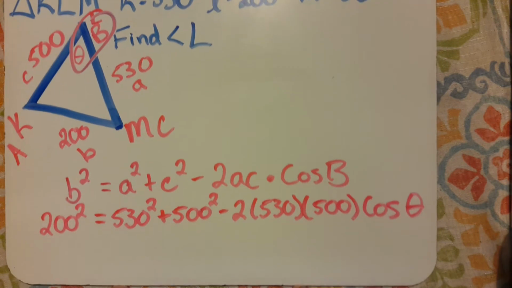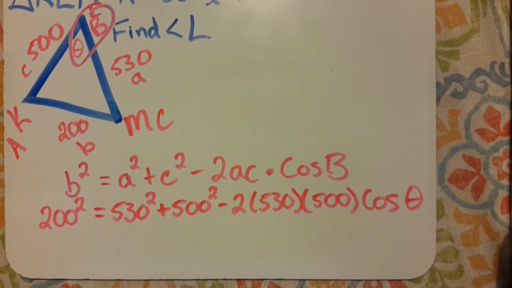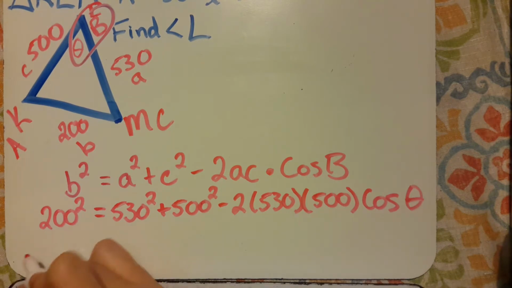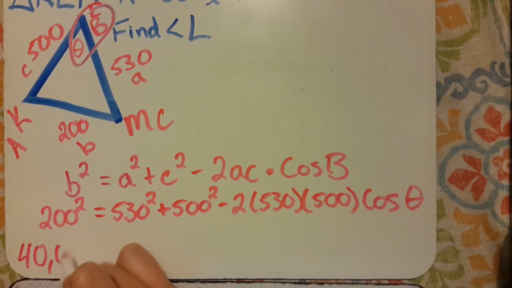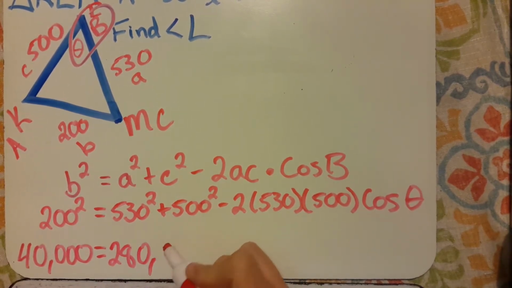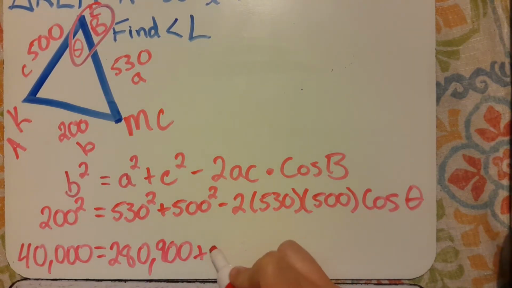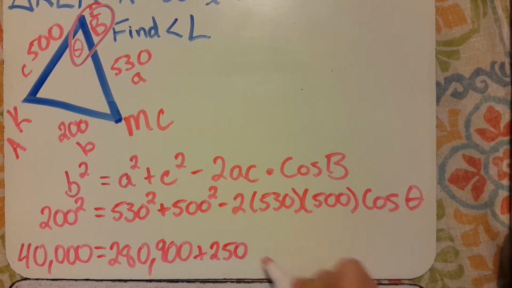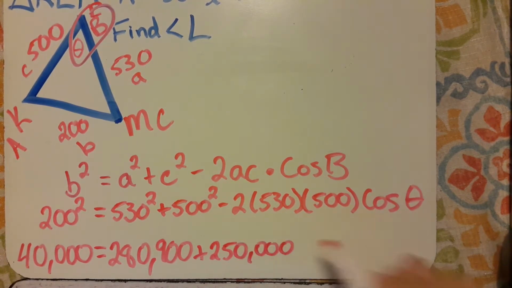Let's go ahead and square this information down here. So 200 squared is 40,000. 530 squared is 280,900. And 500 squared is 250,000.